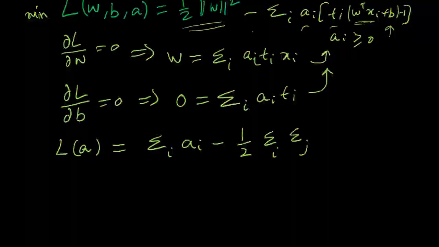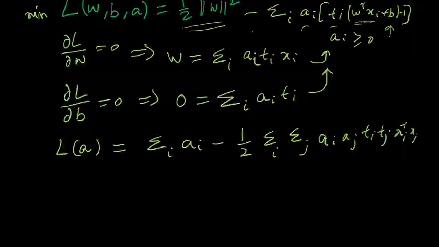Okay, and we will get ai aj ti tj, and then xi transpose xj. All right, and so once we minimize this, we will get the values of the ai, and that will give you the equation for the SVM.